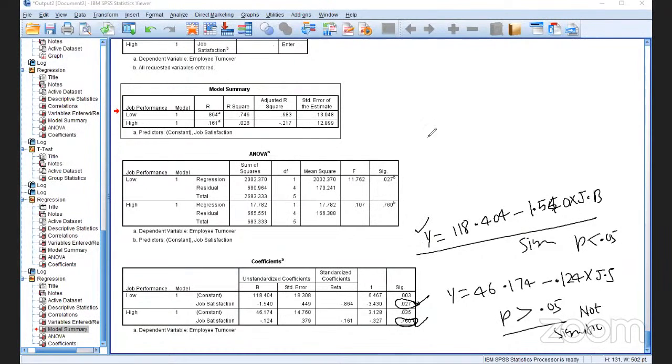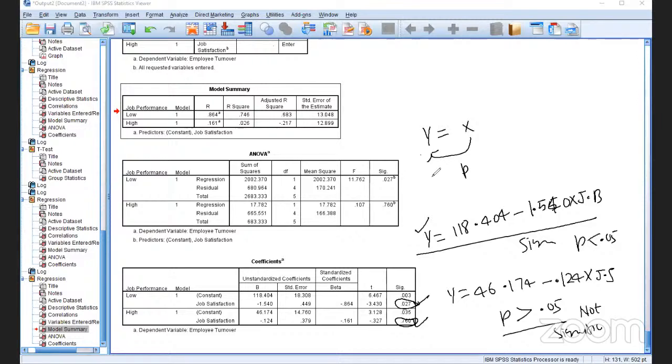When we do not split the file, we find there is a negative relationship between the two, meaning job satisfaction influences employee turnover, but not significantly when we take all 12 cases.